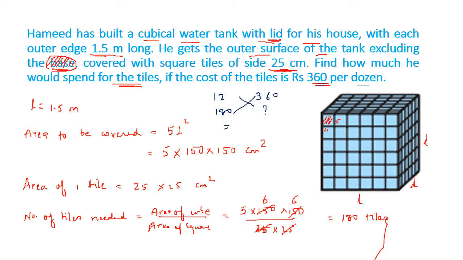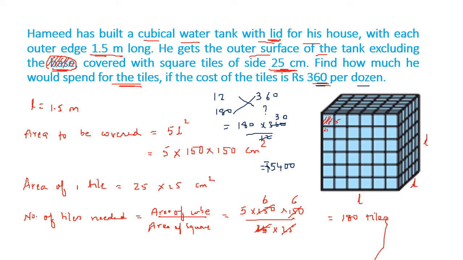So we cross multiply, we get 180 into 360 upon 12, which is 54, so 5400 rupees will be needed to cover the tank with the square tiles.